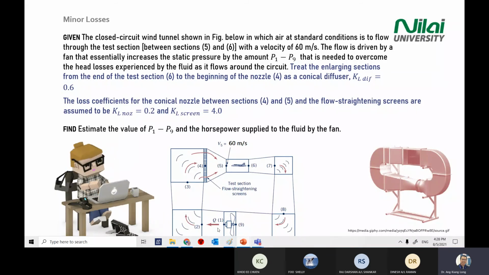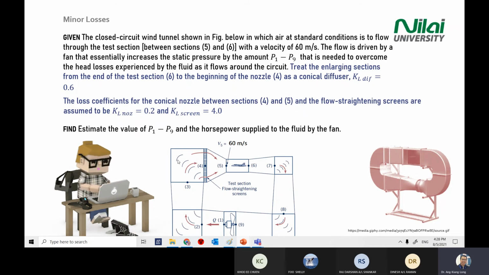Now, as you can see, the velocity. Apologize for my bar here, but anyway, you can still see what is happening. The air is circulating inside this wind tunnel, and you give it points 1, 2, 3, 4, 5, 6, 7, 8, and 9 back to point 1. There's a fan there.